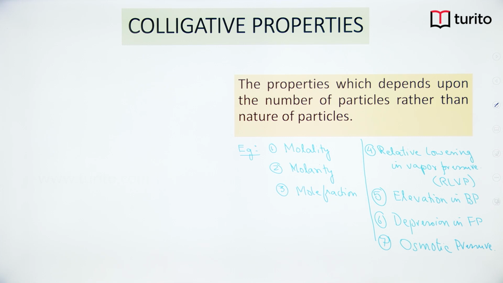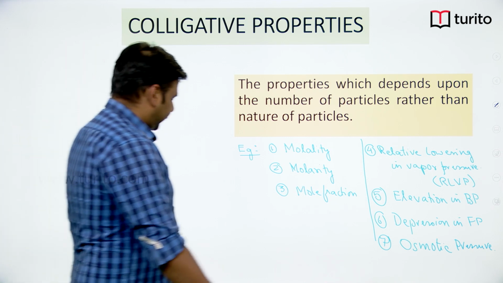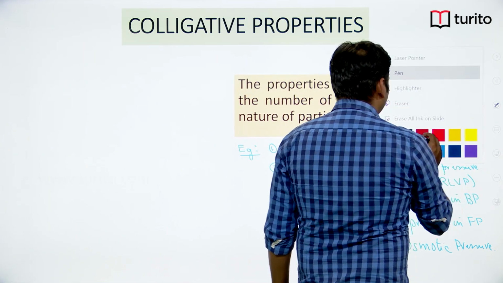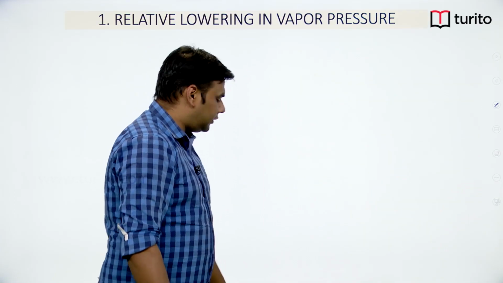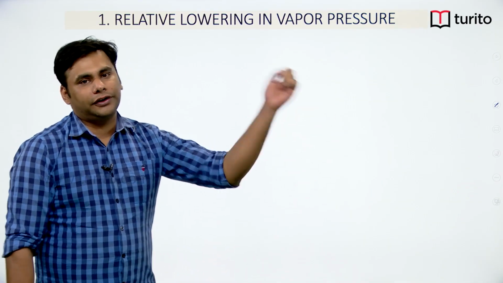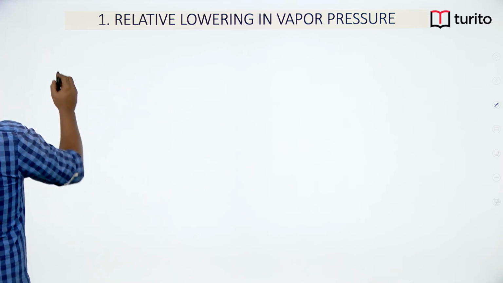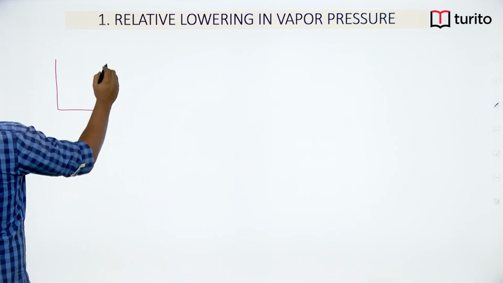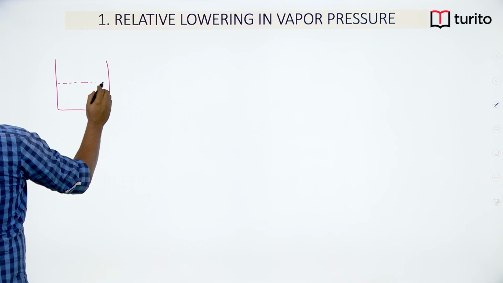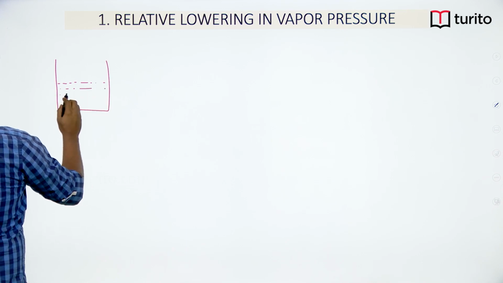Okay, let us start with the first colligative property, that is called relative lowering in vapor pressure. Now we know that suppose we have a solvent.